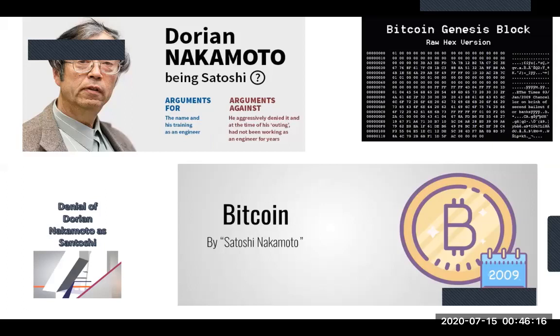But Satoshi Nakamoto has clearly denied it; rather, Dorian Nakamoto, who is believed to be Satoshi Nakamoto, has denied the invention of Bitcoin. So as of now, Bitcoin has been coined by Satoshi Nakamoto, but who Satoshi Nakamoto actually is, people are yet to discover. It was coined in 2009.